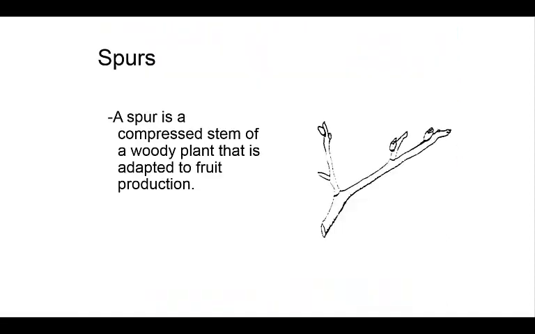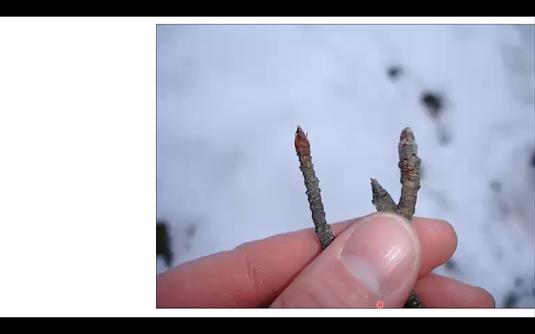A spur is a compressed stem of a woody plant that is adapted to fruit production. So in this example here, the nodes aren't very far apart, but they're densely packed with flower buds. Here's an example in real life.